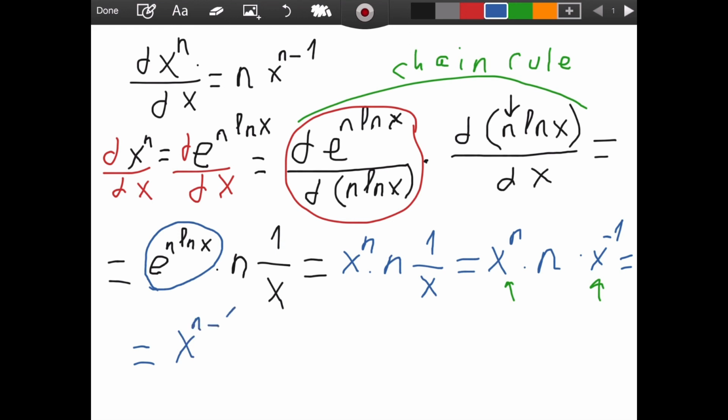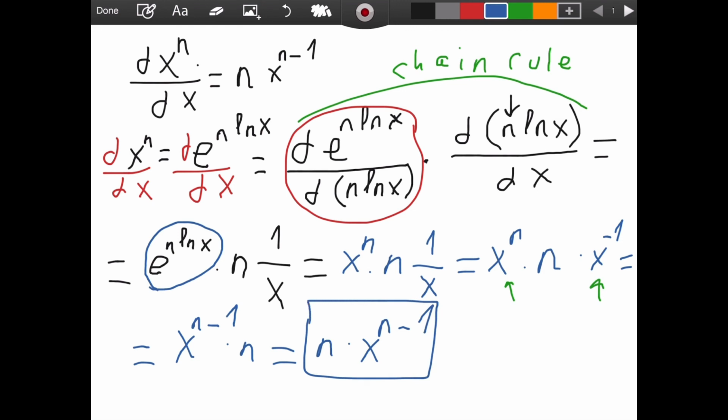So we have x raised to the power of n minus 1, times n. A more preferred way of writing this is n times x raised to the power of n minus 1. So this is it. Notice that on the left we have the derivative that we were interested in, and on the right we have the familiar formula that we hoped to prove.